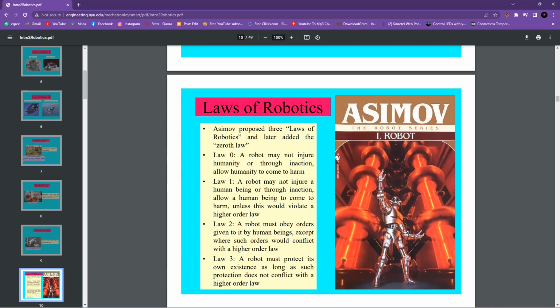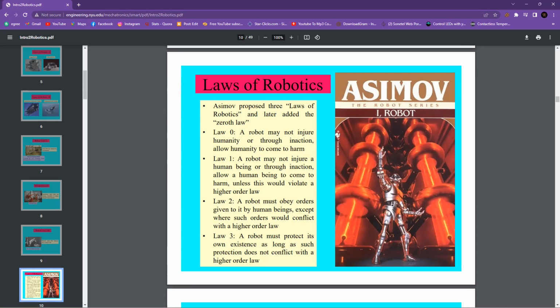The laws are these. Law zero: a robot may not injure humanity or, through inaction, allow humanity to come to harm. Law one says a robot may not injure a human being or, through inaction, allow a human being to come to harm, unless this would violate a higher order law.